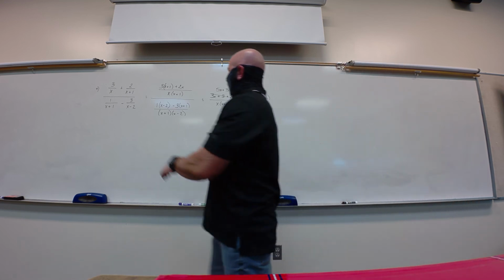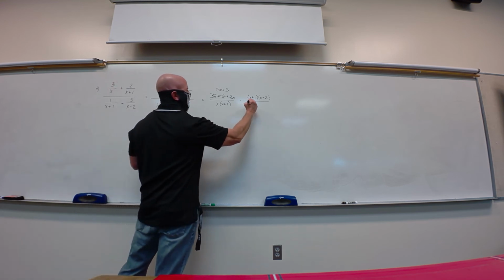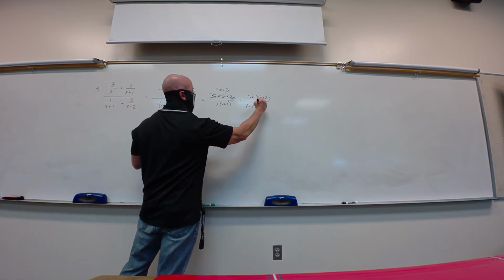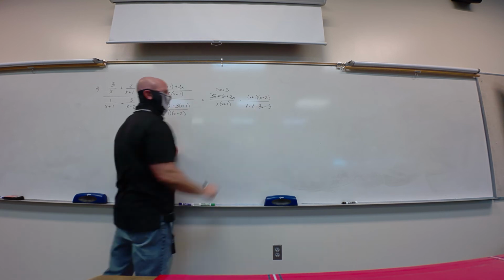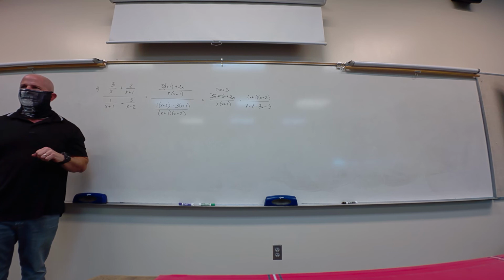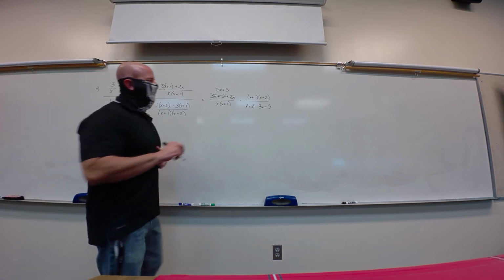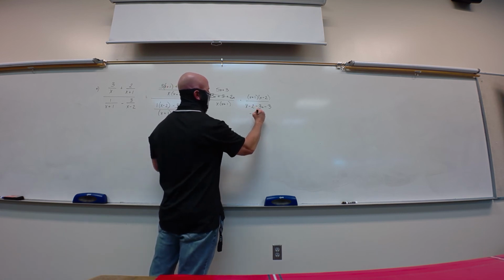So I'm going to distribute my 1, my negative 3. So I have x minus 2 minus 3x minus 3. Distribute that. And then I can put my like terms together there. So I'd have negative 2x minus 5.